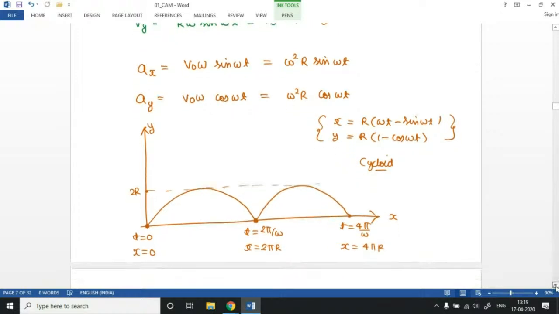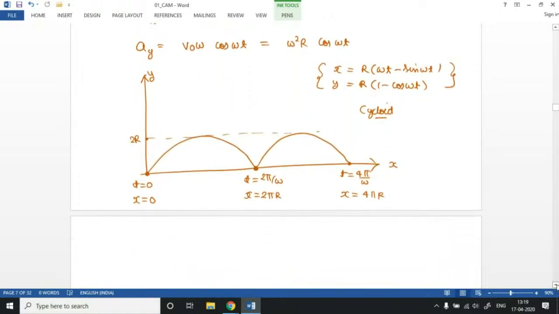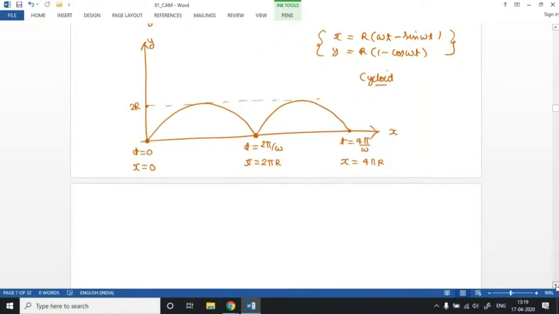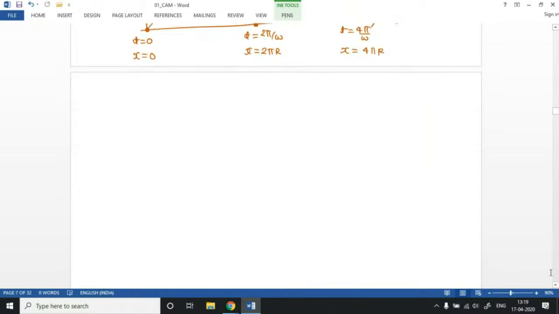Another thing we are interested in is the distance covered by any point on the periphery during one complete revolution. So let's attend to this problem. Let's say this is the round body, and we are looking at this particle, and let's say this angle theta is equal to omega t.